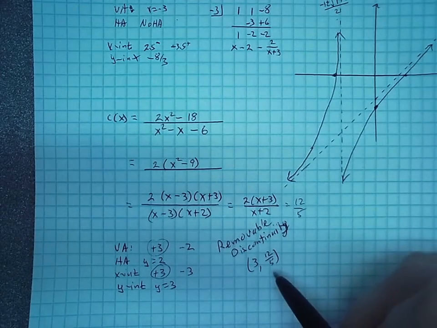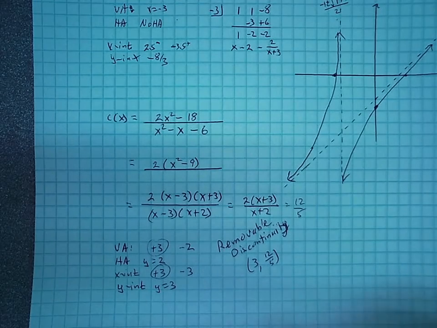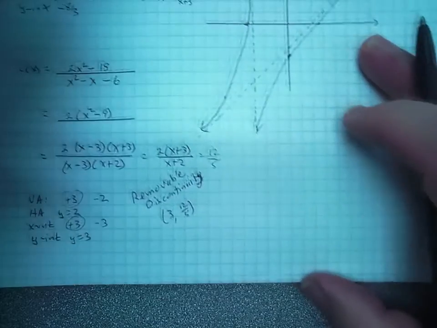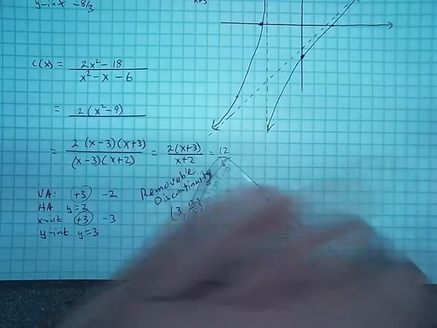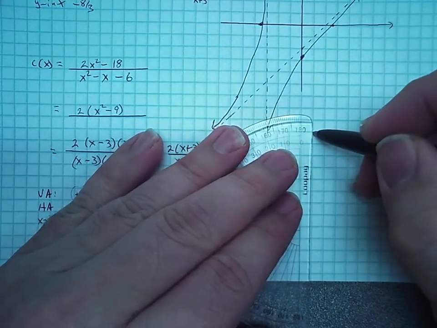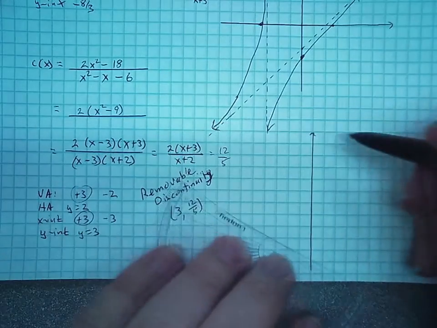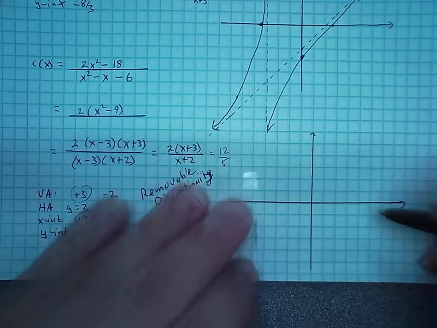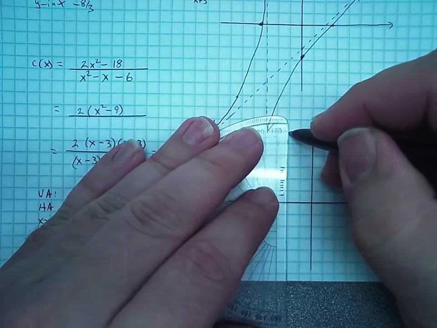Now this will not be a point on our graph, it will be a point missing from our graph. But we need to be able to draw it as an open circle, because we need to be prepared for it. The graph will go through there, it's just there'll be 1 point missing. So I have a vertical asymptote at negative 2.